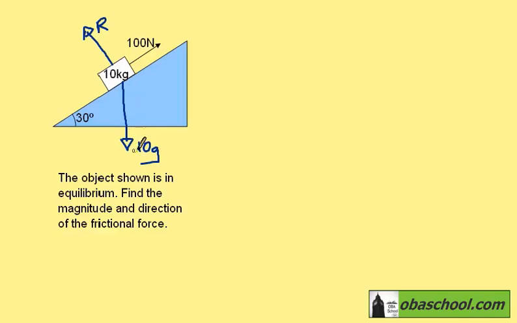We can resolve the weight so that it is perpendicular to and parallel to the surface, 30, 60, 30. So this one will be 10G cos 30 degrees, and parallel down the slope we will have 10G sin 30 degrees.